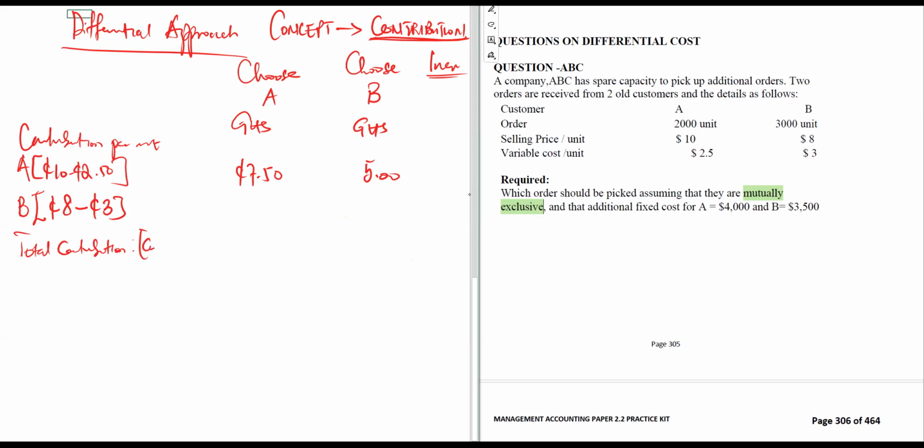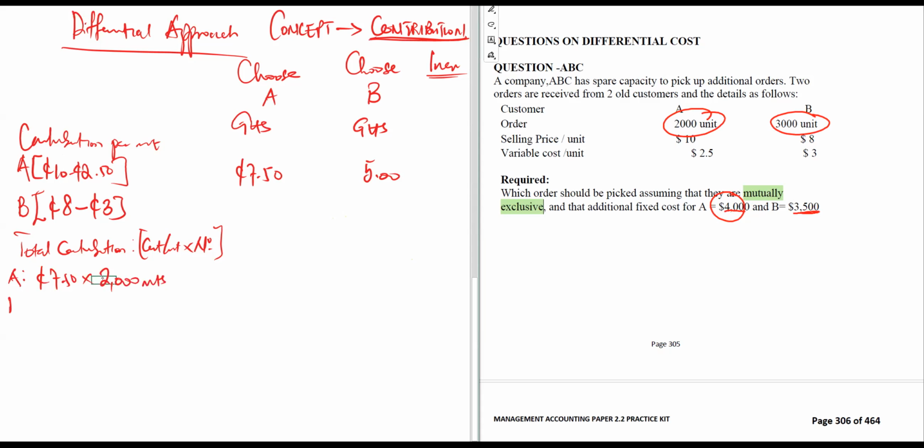Total contribution is just our contribution per unit times the number of units, right? We know this. We've been playing with this for a while. So for project A, we know that our contribution is 7 cedis 50 pesewas. We now multiply by how many units are we producing under the contract? This is 2,000 units.